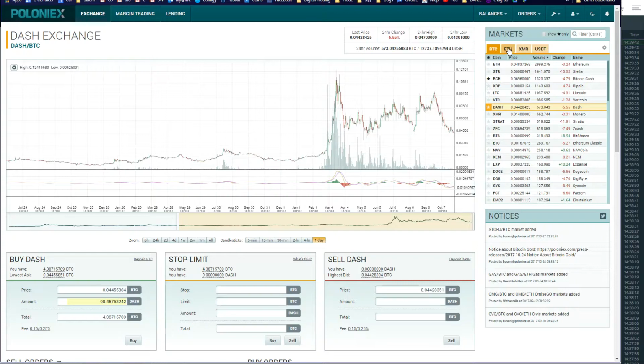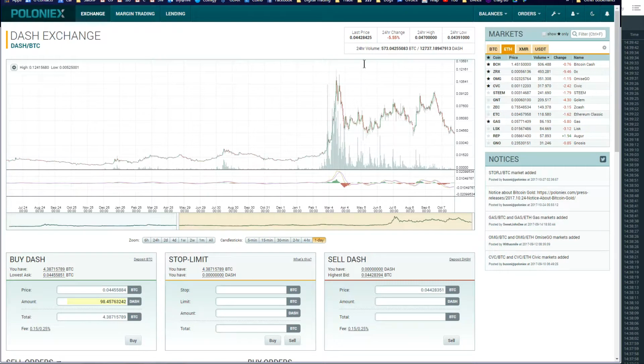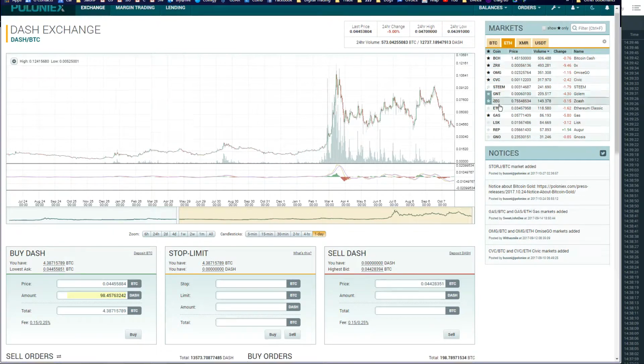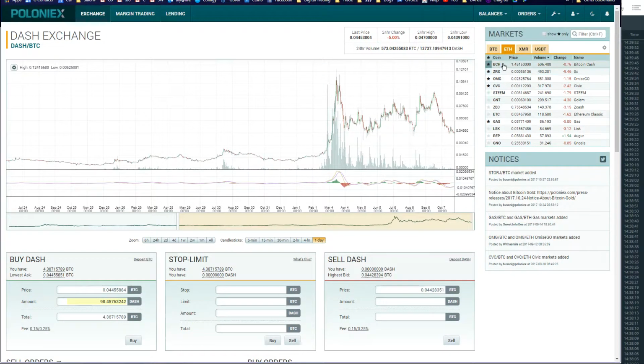So if you got some Ethereum, send it over. Go to your Ethereum, and there's your Bitcoin Cash. You can buy your OMG here. You can buy your Ripples. Anyway, now I'm just stumbling.